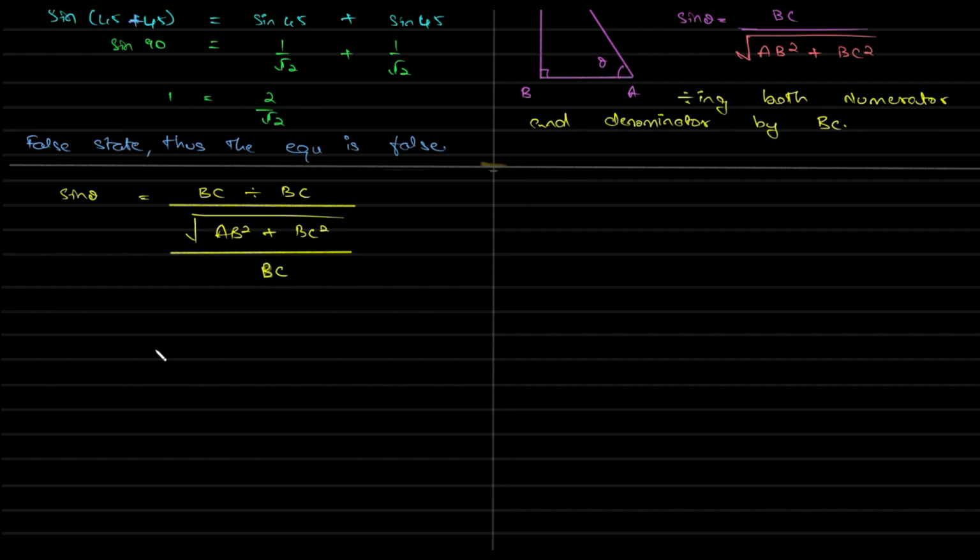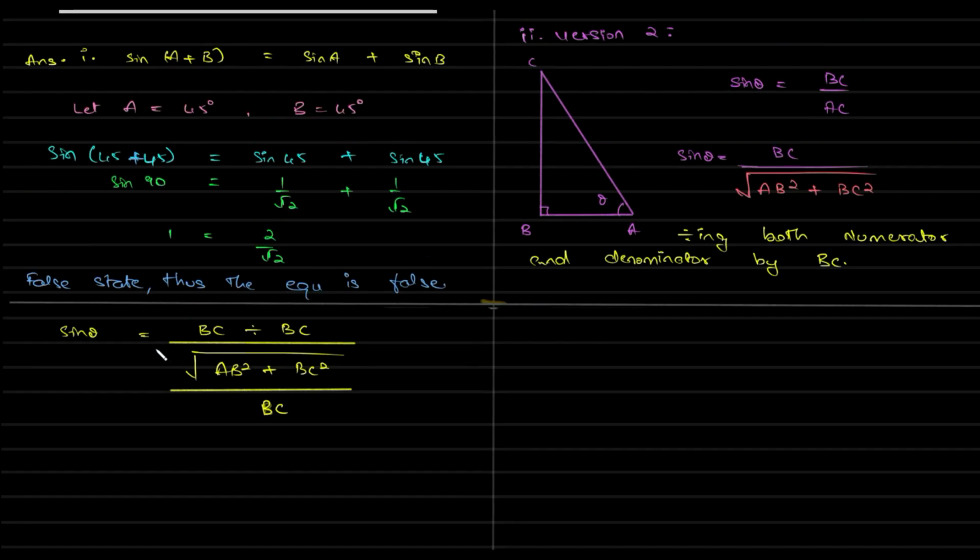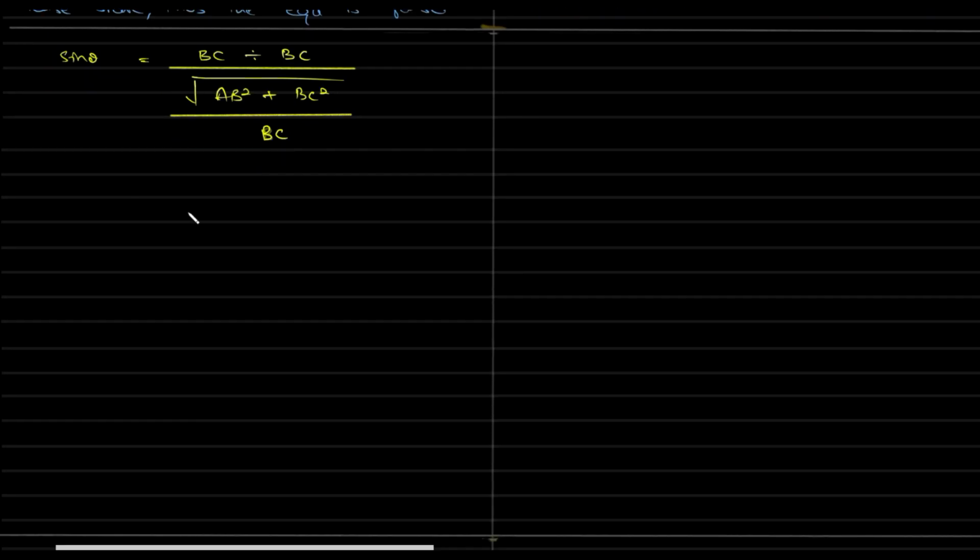Okay. So just pause and have a look at what we just did in version 2. It's not too hard, but still have a look, right? So the numerator becomes 1. So sine theta is equal to 1 divided by the denominator.